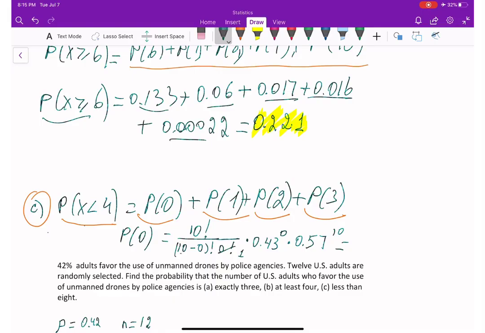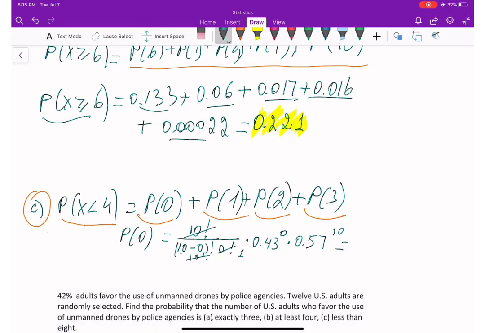This is going to be 10 factorial, which means you can cancel 10 factorial with 10 factorial. Let me write it more clean. Okay, 10 factorial, because 10 minus 0 is 10 factorial, and this 0.43 to power 0 is 1.